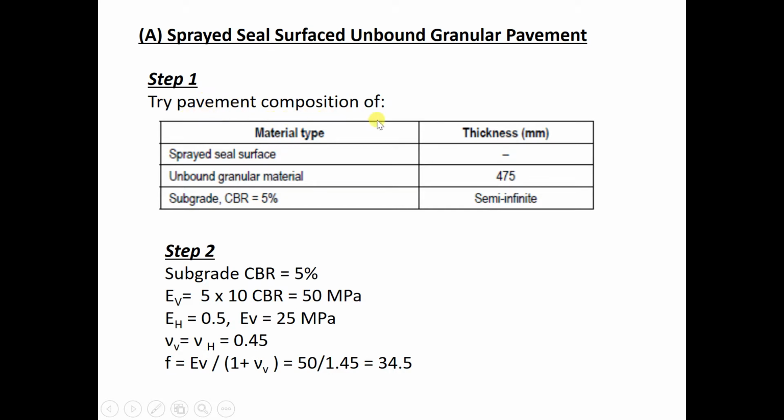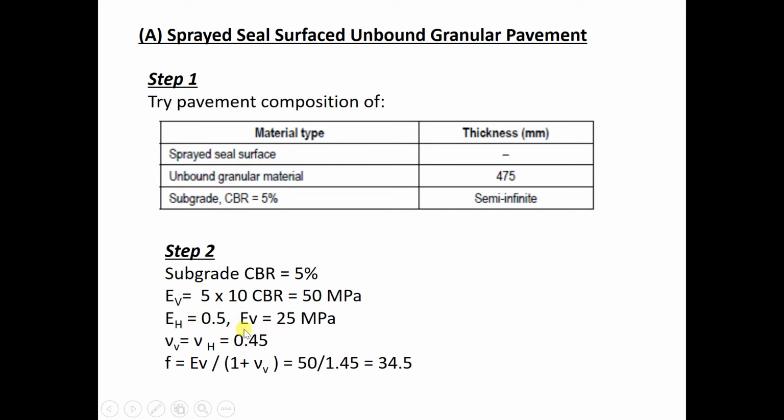We try the pavement composition and the thickness. The subgrade is CBR 5%, and in the mechanistic design we take 10 times CBR, so 50 MPa for the modulus.